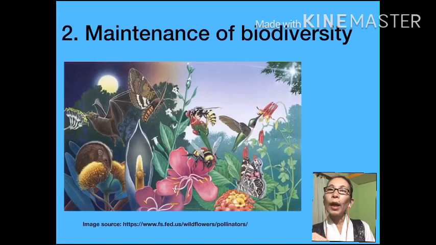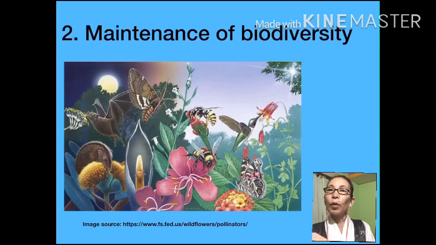Plants are dependent on animals for pollination, and animals are dependent on the plants for food. In nature, everything is interconnected. If one is affected, it affects everything in the food web. Thus, pollination helps in the maintenance of biodiversity.